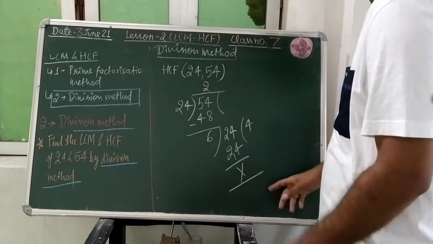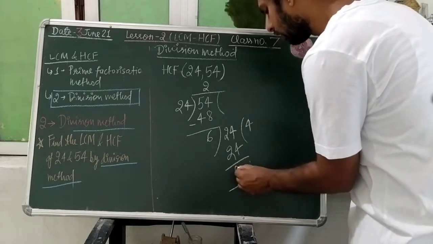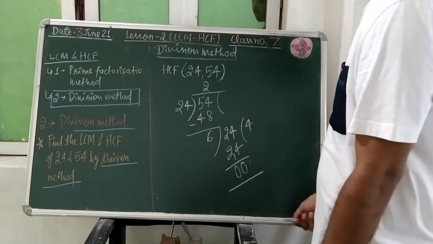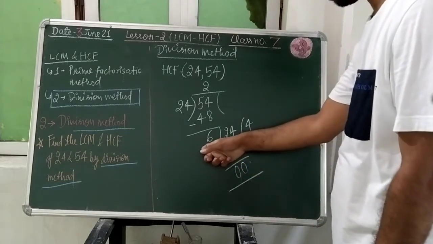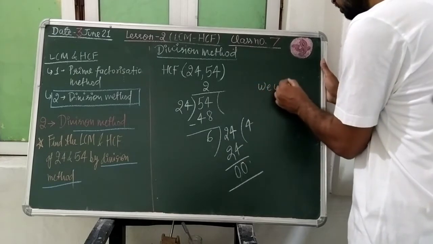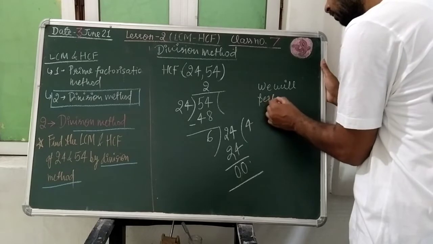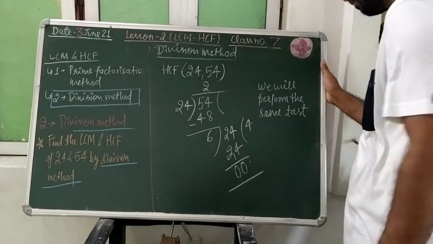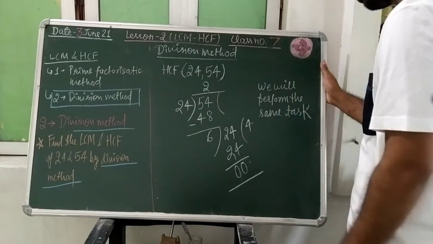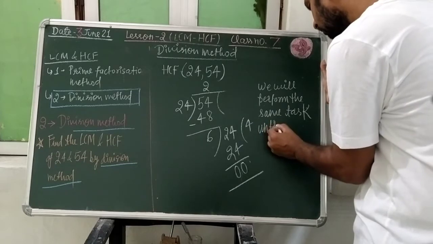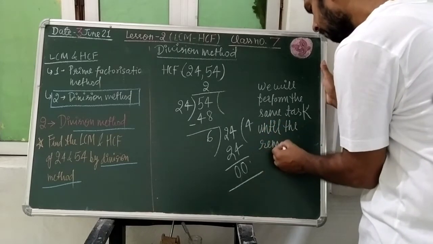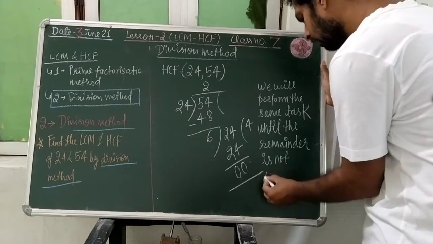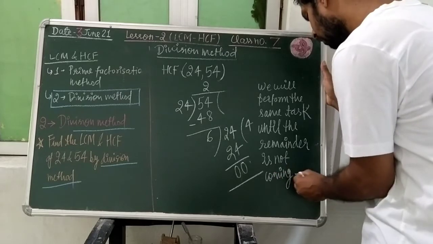So until the remainder equals 0, we will perform the same task like this, until the remainder is equal to 0.